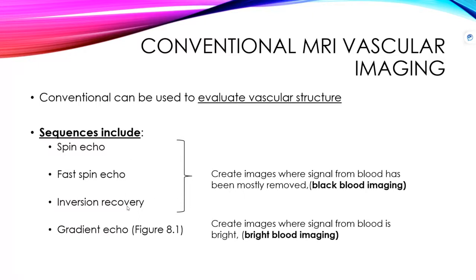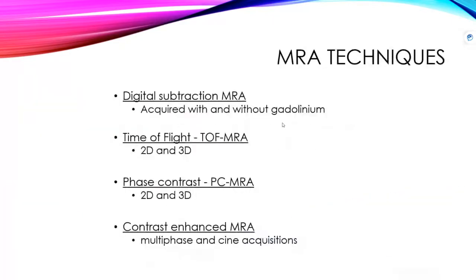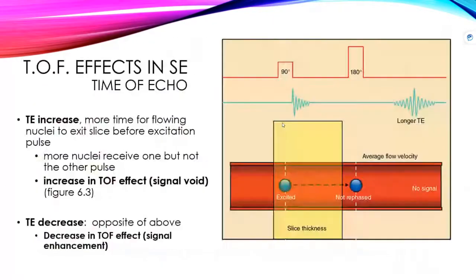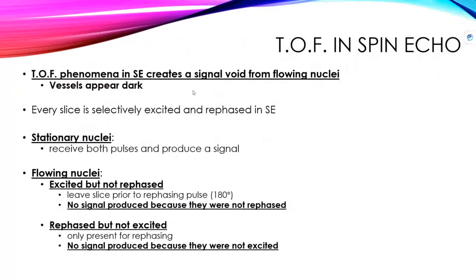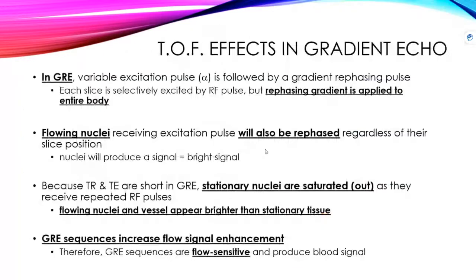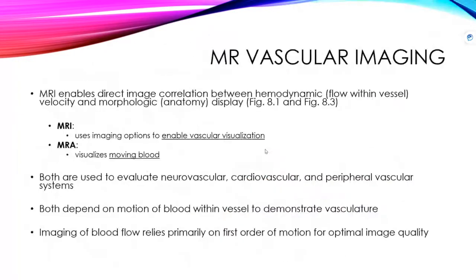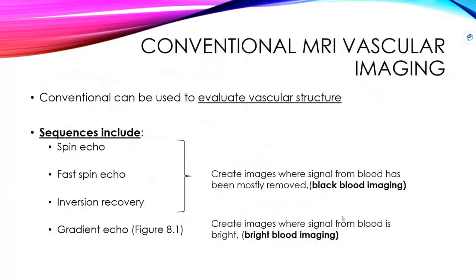And in spin echo sequences, we are always going to have a signal void. This goes back to the time of flight part of the lecture, where spin echo creates a signal void. So when we're using spin echo sequences to create our images, we are always going to have black blood imaging, a signal void. Gradient echo sequences are going to create images where the signal is bright.